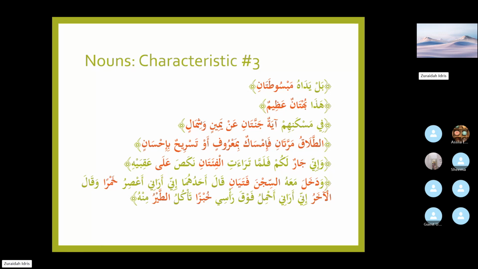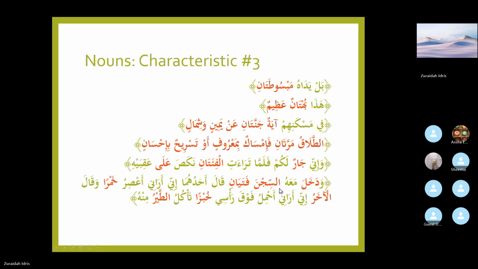Now, Sister Sophia. Dakhala. Is it an isim, fi'il, or harf? Isim. It is actually a fi'il. It's a fi'il because remember, isim has either alif lam or tanwin. Okay.